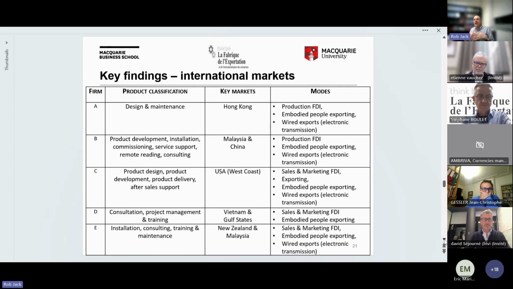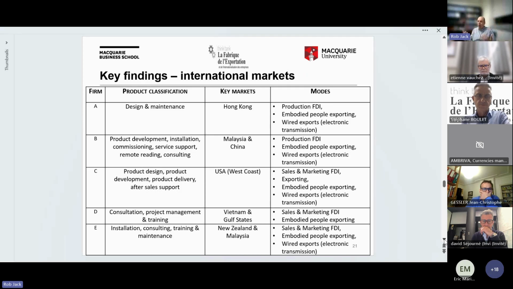And that can be done in two ways. It can be done through electronic transmission or online delivery, but it also needs to be done through having staff travel into those markets and provide this expertise. This could be done very briefly, but it could be done over a longer period of time. It could be sending someone to an overseas market and they might be there for 2 weeks up to a month delivering that service component.